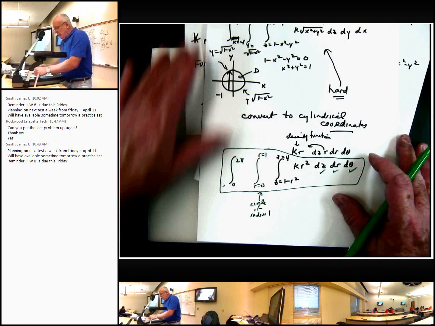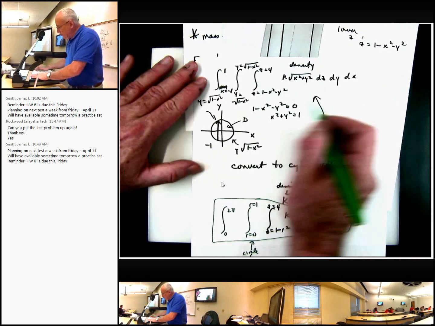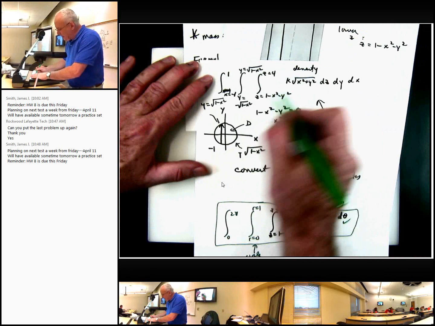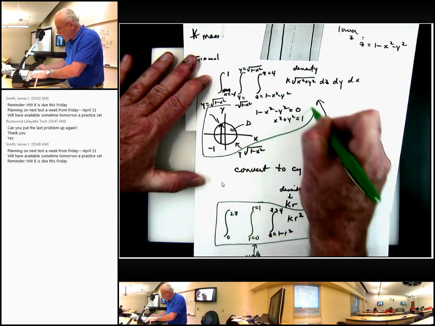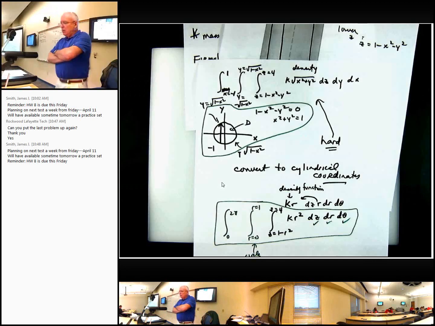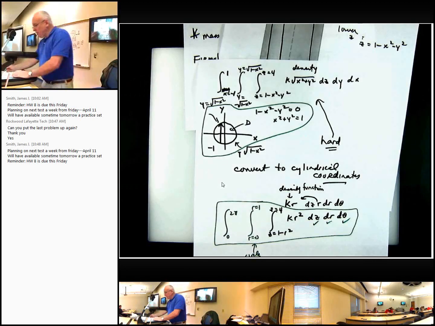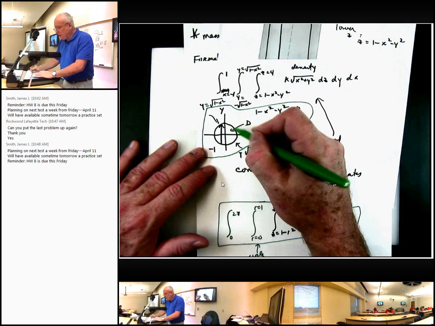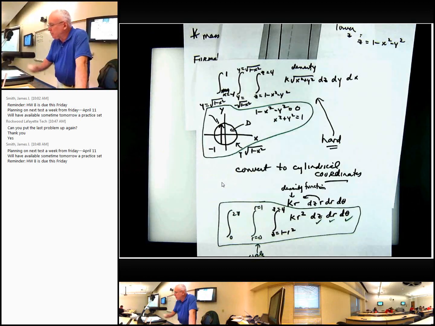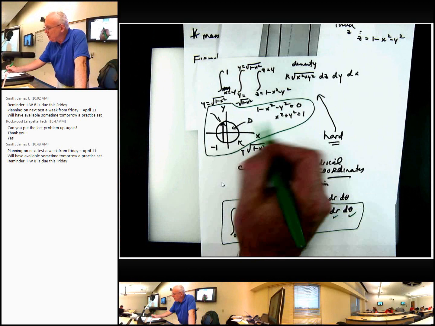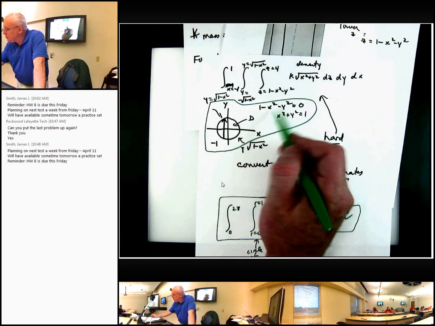Again, you've got to get an idea of this area over the xy plane that we're integrating over. You've got to see where that lower z actually hits the xy plane, and that's basically when it equals 0.